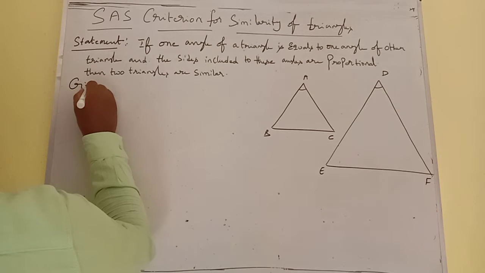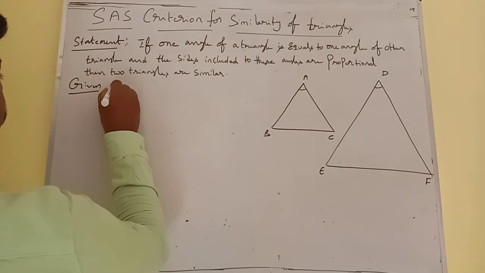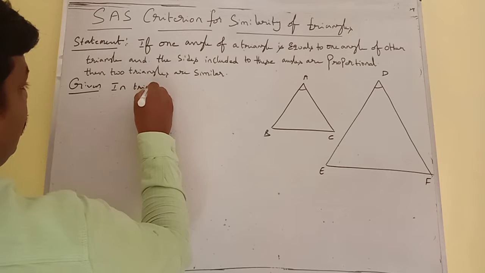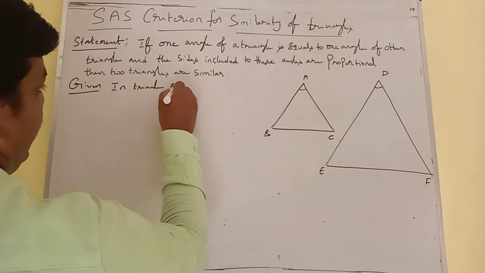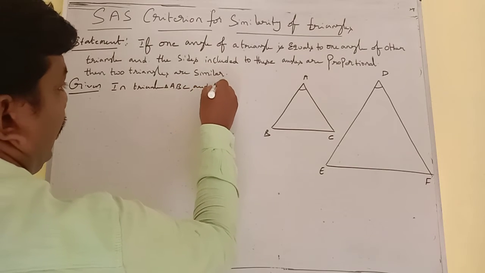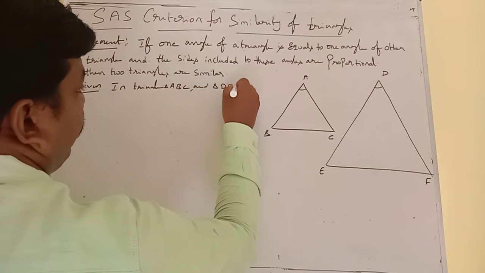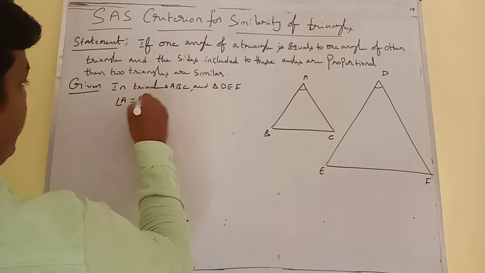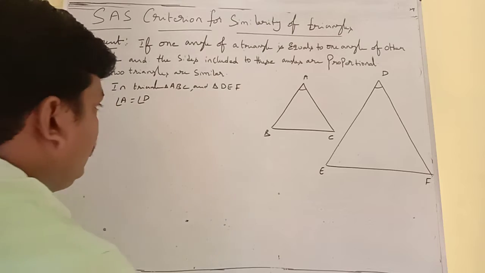Given, in triangle ABC and triangle DEF, angle A is equal to angle D. That is the first condition.